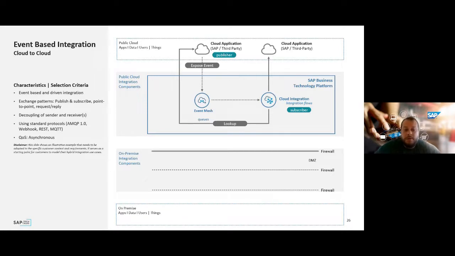It's also important that the main characteristic of the Event Mesh is to be focused on event-based and event-driven architectures, right? So the exchange pattern is no longer only point-to-point, but also publish and subscribe, request and reply patterns. And it's really the decoupling of sender and receiver, right? So what's the main idea of this?